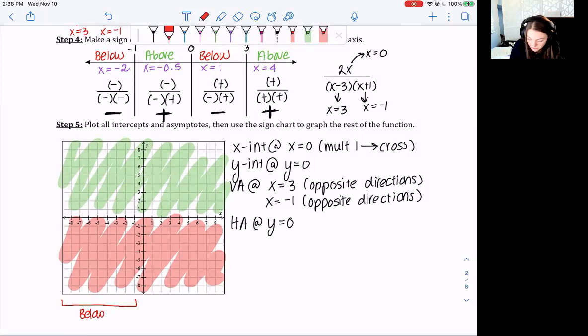And then again, from 0 to 3, we should be below the x-axis. Between -1 and 0, we should be above the x-axis. And then from 3 to infinity, we should be above the x-axis.